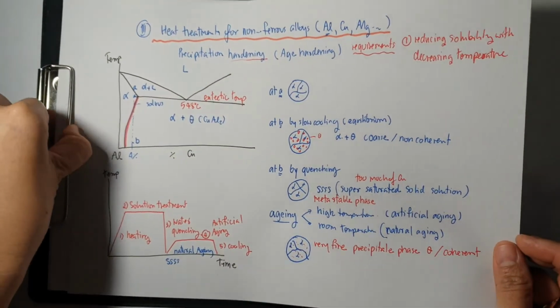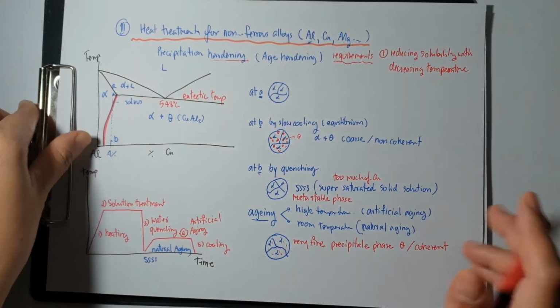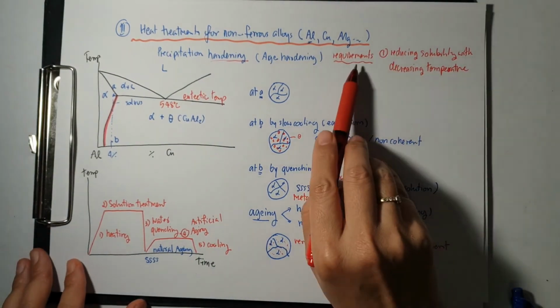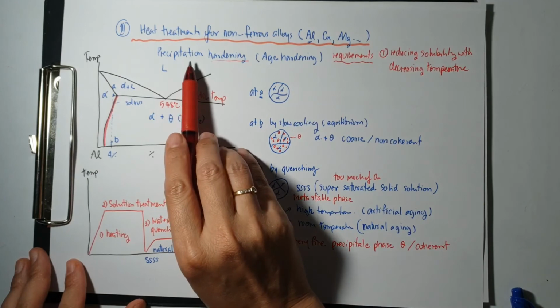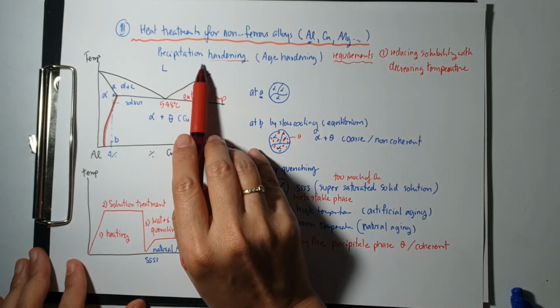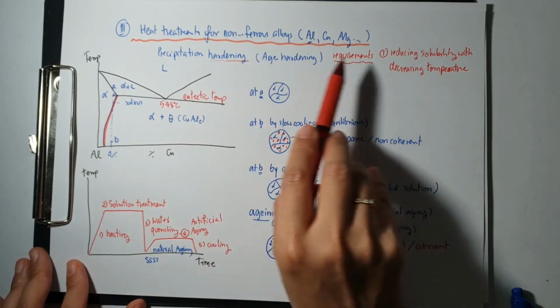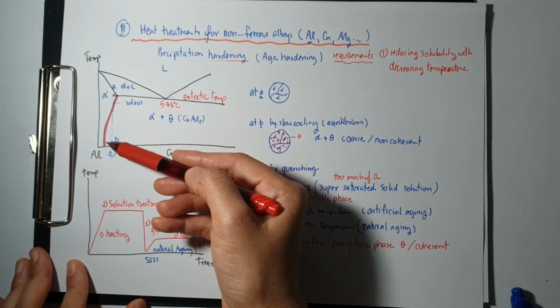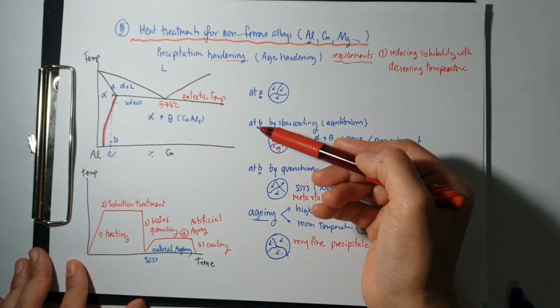Oh, one thing that I haven't mentioned about is the second requirement. This is very important because the first thing that we have to consider about precipitation hardening, that we have to have the reducing solubility line with decreasing temperature in this alloy system.